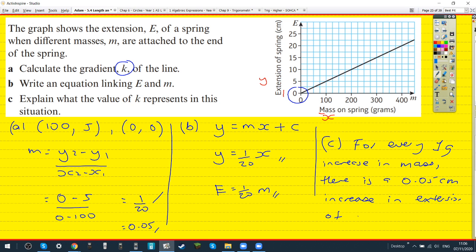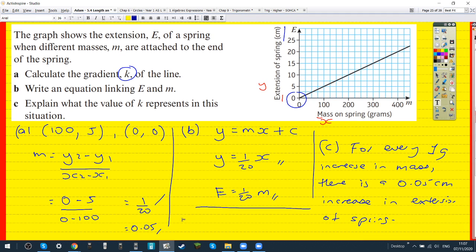So it's a practical interpretation of the gradient. In general, for every 1 increase in x, there is an m increase in y. Instead of saying x, I say mass. Instead of saying y, I say extension of spring. And instead of m, it is 0.05 centimeters.